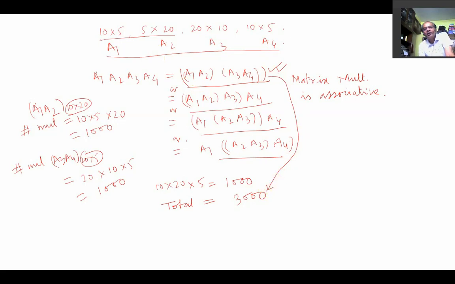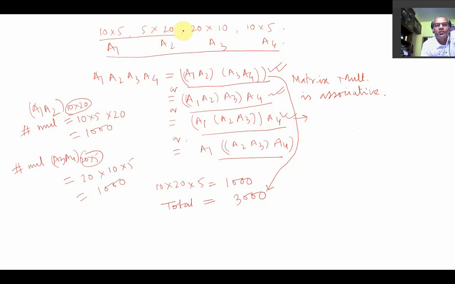Clear? Now you see the important observation here, whether it can be done in another order. I'm doing this, and you try it for your home task, because I know the result. First find out a2 a3.